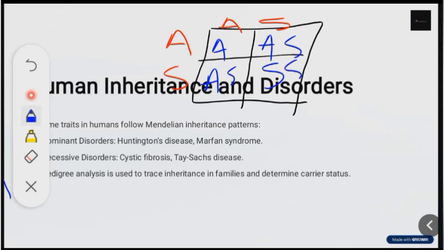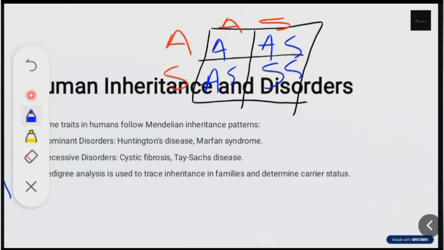Beautiful. Now, when we say this trait is recessive, it means it can only manifest when an individual inherits two exact copies of that defective allele. If you have AA, you'll be normal. If you have AS, you will just be a carrier, but you are still going to be normal. But in the case where you have SS, that's when you start manifesting the symptoms. Hope you are still together.